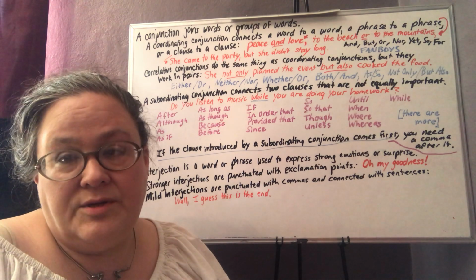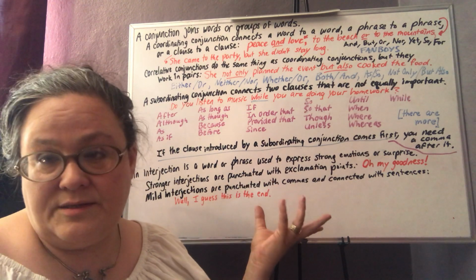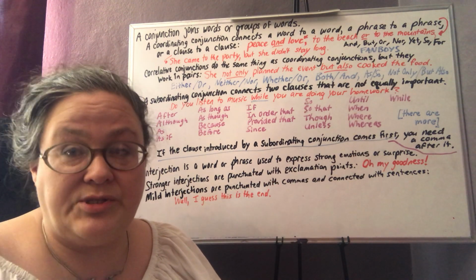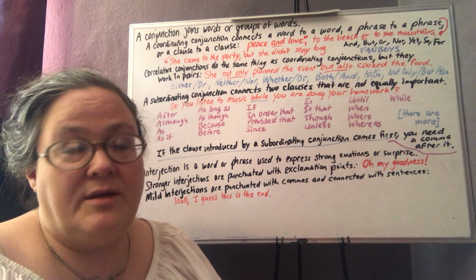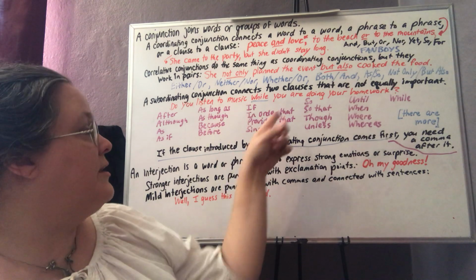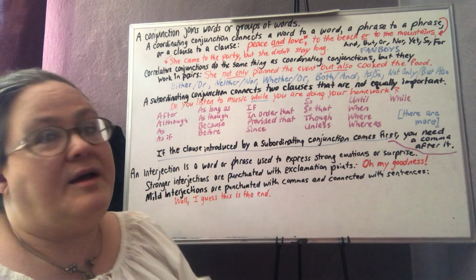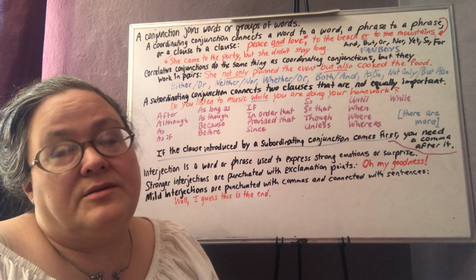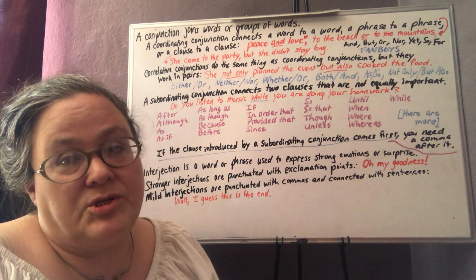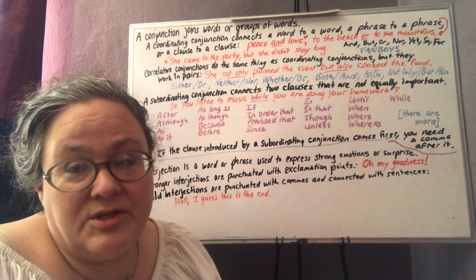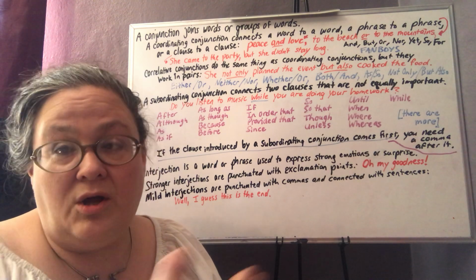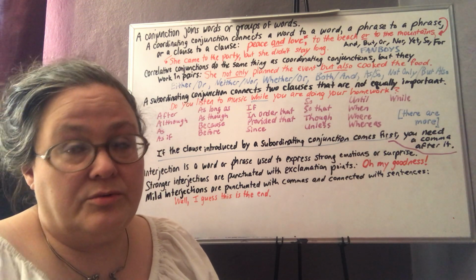I am giving you this lesson in order that you might understand better the concepts of conjunctions and interjections. In order that, provided that, these are conditions by which you will get something. Okay. You will get your salary this Friday, provided that you work all of the hours you said you worked. Okay?